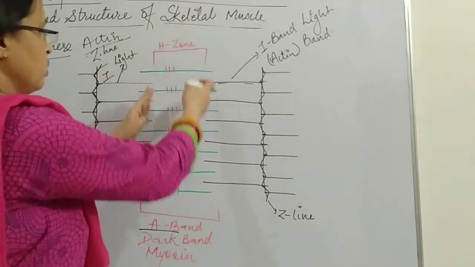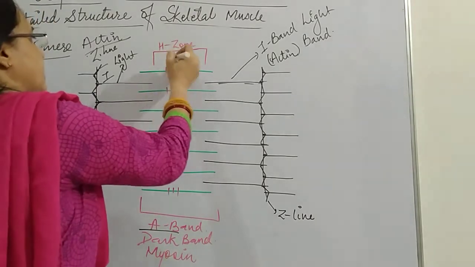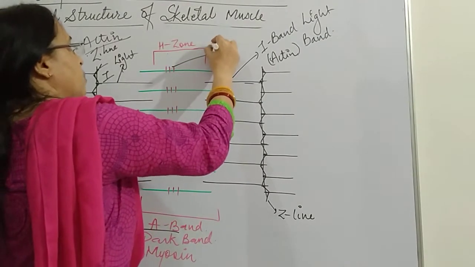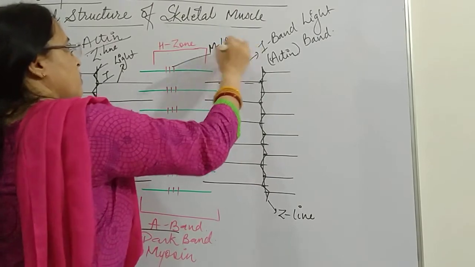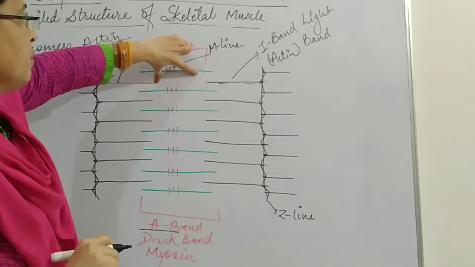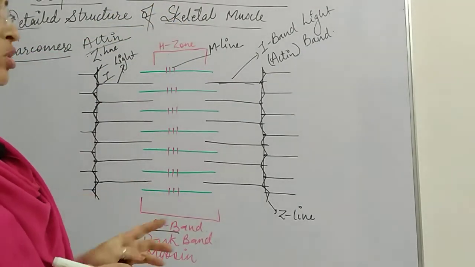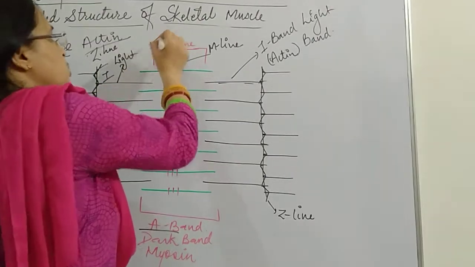Now this myosin has a membrane in the center which is called the M line, and this region around the M line consists of a non-overlapping region called the H zone.